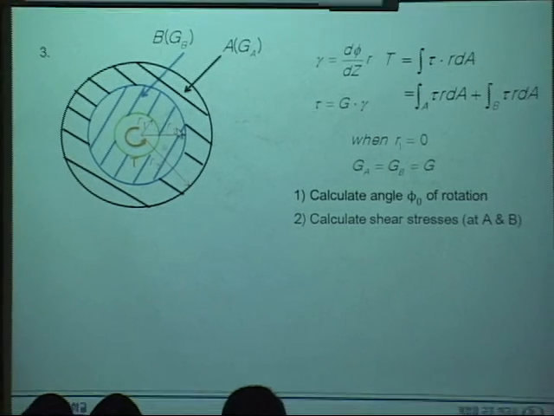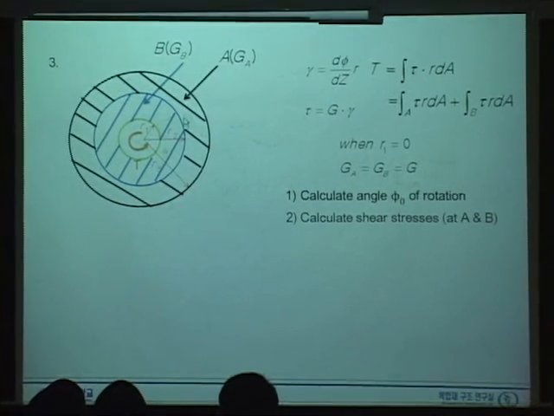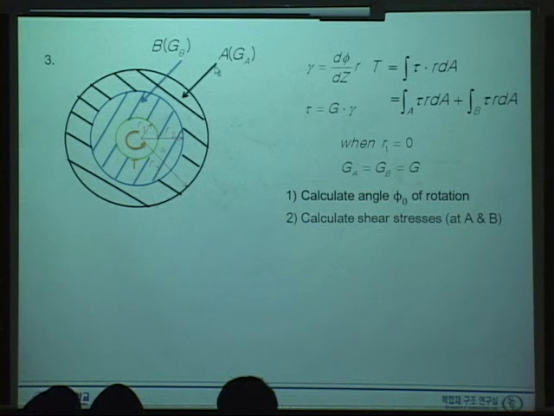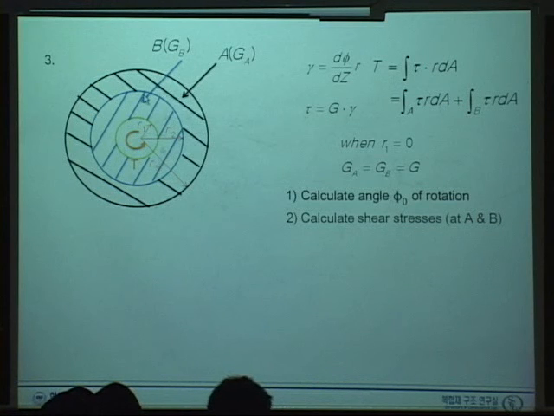The shaft consists of 2 different materials, material A and material B, and each one has a different inner and outer radius. This shaft is subject to torque, and we need to calculate the angle of rotation and the shear stress in A and B.